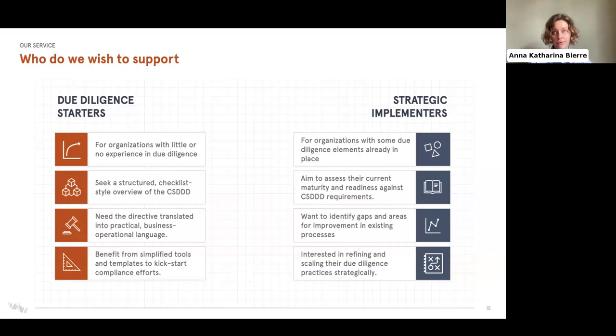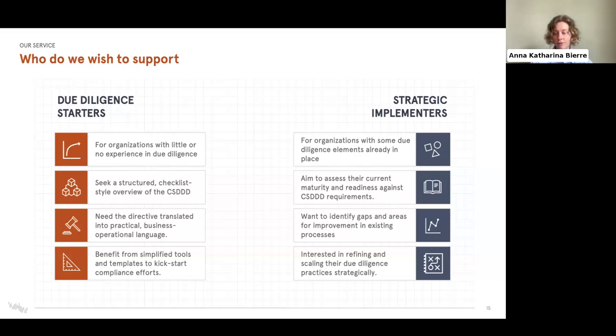I think it's important to say here that even if the company or people feel that due diligence is new as a concept, most companies already have processes in place that are considered due diligence. They are probably just called something else. But these are companies that seek a more structured, checklist-style overview of the CSDDD and really need the directive translated into practical and business operational language.